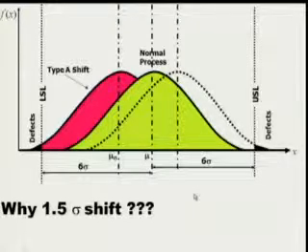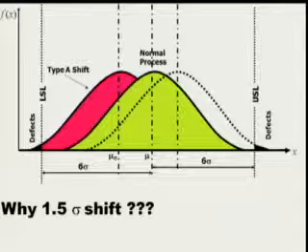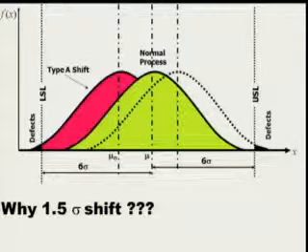Why 1.5 shift again? Well, as I said earlier, the story of 1.5 sigma began with Motorola, determining through years of process and data collection that processes can vary and drift over time, what they call the long-term dynamic variation in the center of the process.